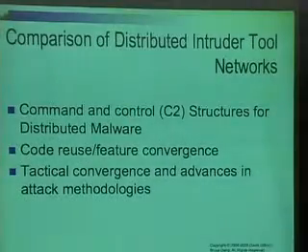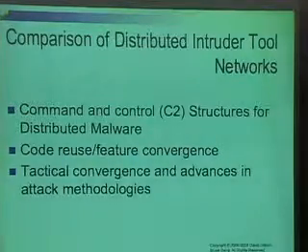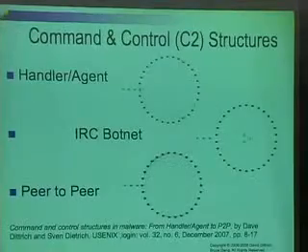You'll see code reuse, and another thing I'm seeing a lot of recently is that successful techniques are being reverse engineered and then coded into new code. You'll see multiple different kinds of malware and multiple different groups using the same techniques. So there's this convergence of features and tactics, which is making a lot of the attacks today much more structured and much more complex, which requires quick reverse engineering, as Bruce was talking about, to try and deal with it.